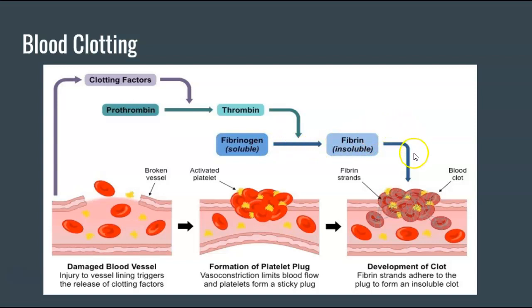And once it's fibrin, that's how you get your blood clot, because the strands of fibrin actually connect to the red blood cells and they form these insoluble clumps, and that's actually how a blood clot is formed. So the more you know.